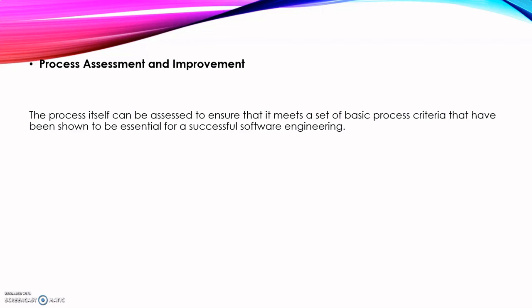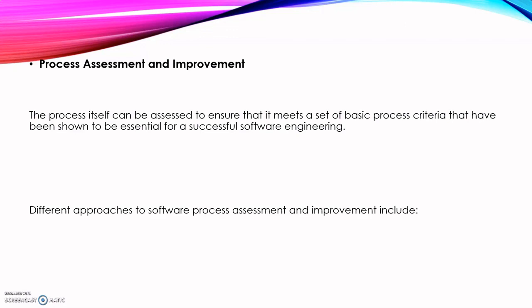So for this successful software engineering, we have different approaches to assess and improve. What are they? Let's see. The first method is SCAMP. SCAMP means Standard CMMI Assessment Method for Process Improvement. Actually this provides a 5-step process assessment model that incorporates 5 phases.